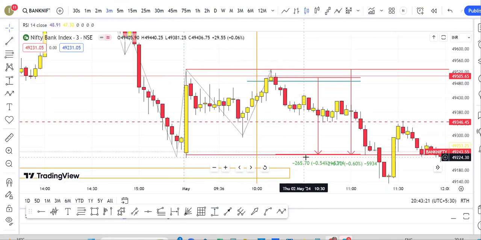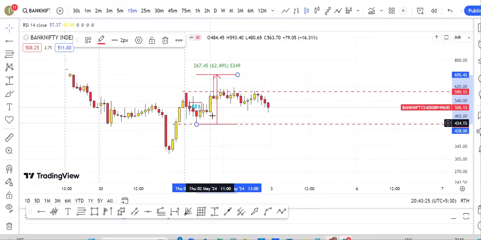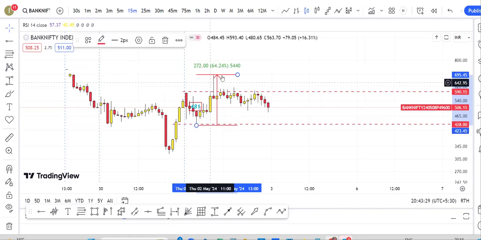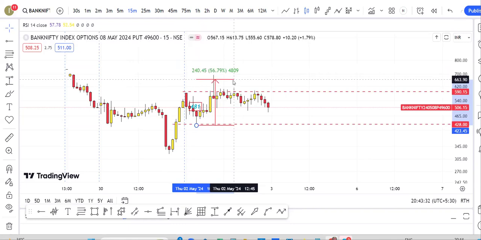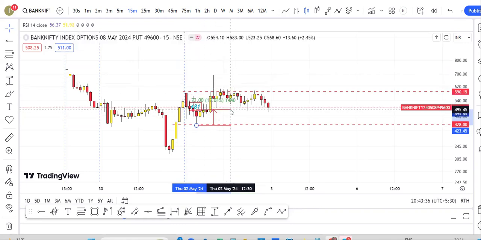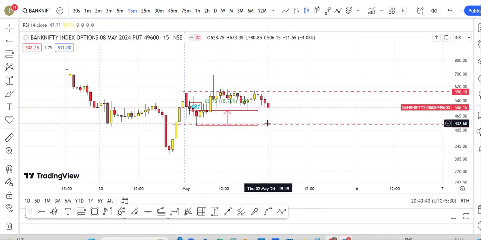You can anticipate a 130 points target in the Bank Nifty. From here to here, you are anticipating 130 points. Already you have entered, 72 points already gone. Okay, 66 points already gone. You can anticipate only 50 points in this.